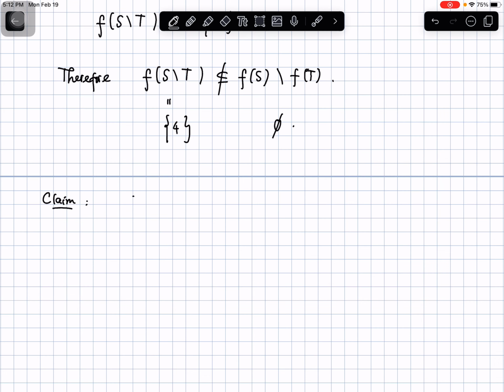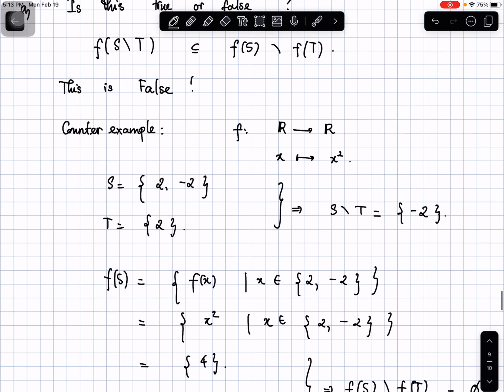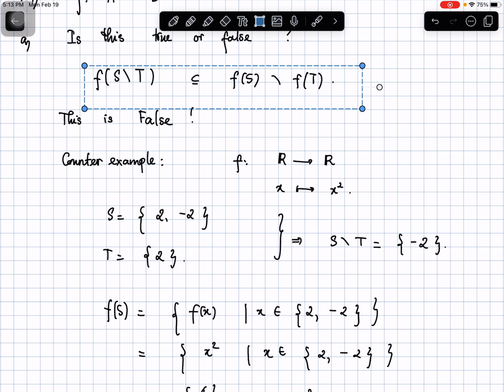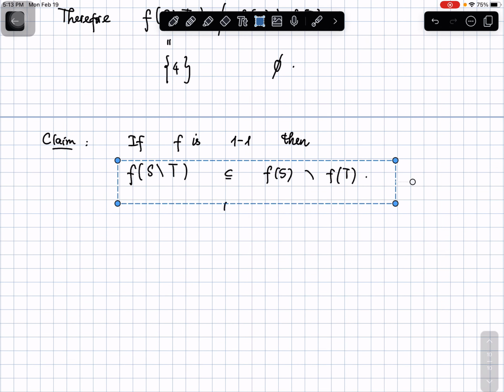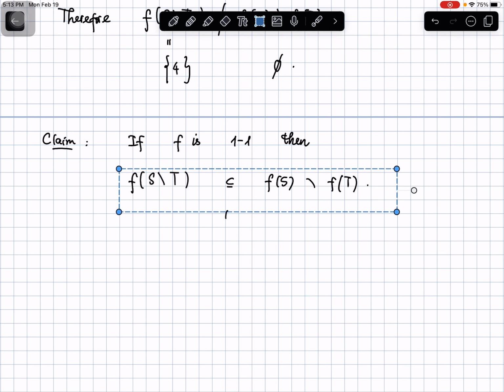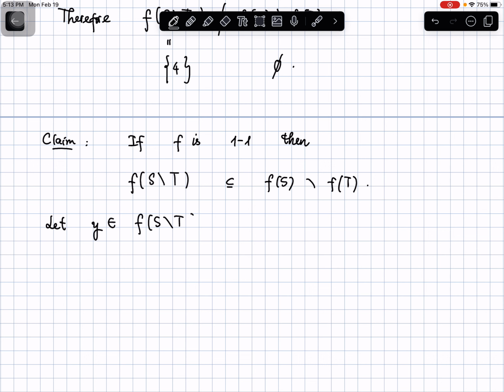But if f is one-to-one, then the statement is true. Then we have this. Okay, let's prove it. Let y be an element of the left-hand side, f(S minus T).